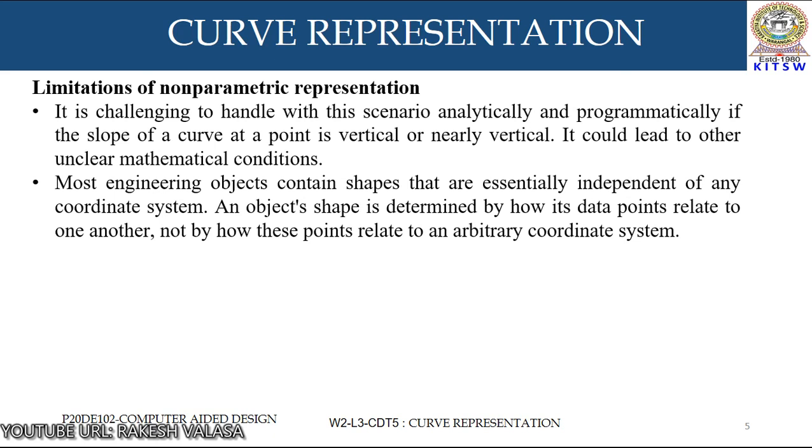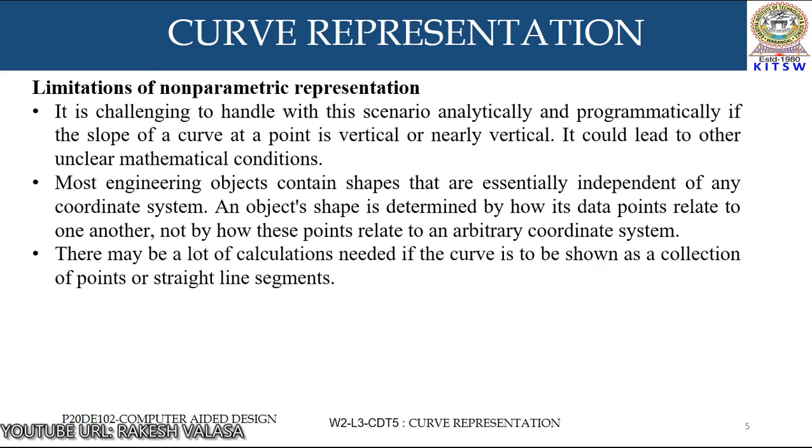An object's shape is determined by how its data points relate to one another, not by how these points relate to an arbitrary coordinate system. The last disadvantage is that a lot of calculation may be needed if the curve is to be shown as a set of points or straight line segments.